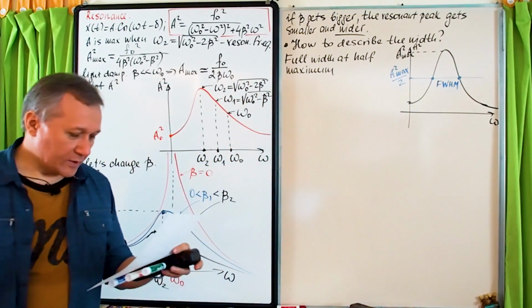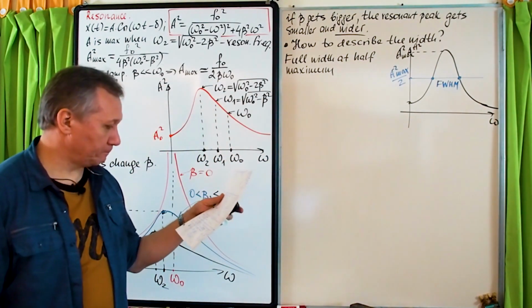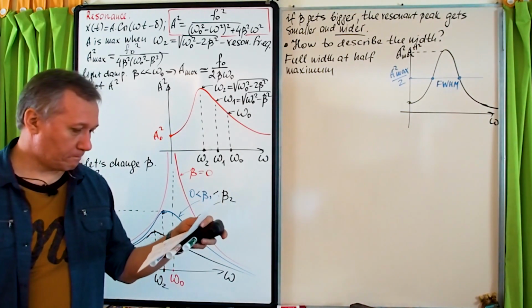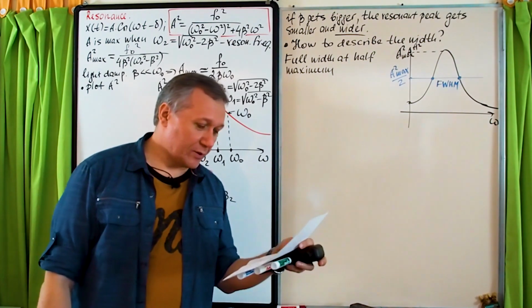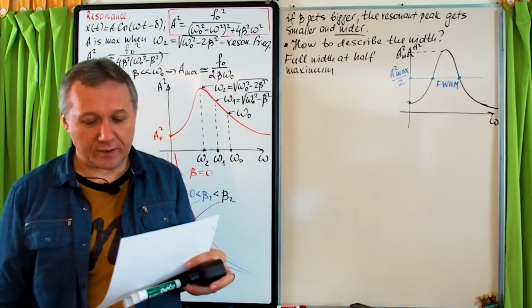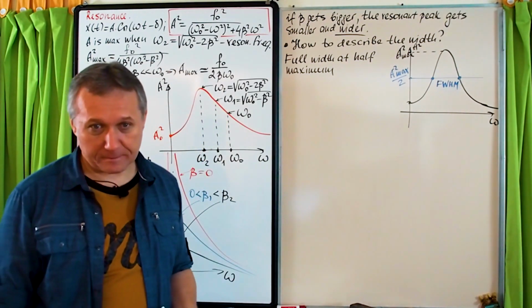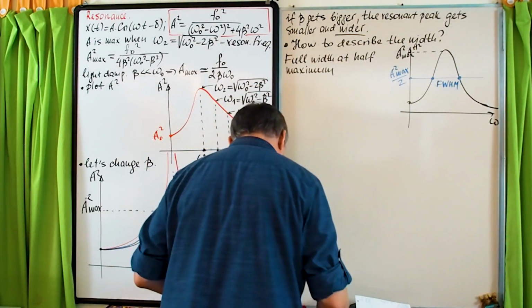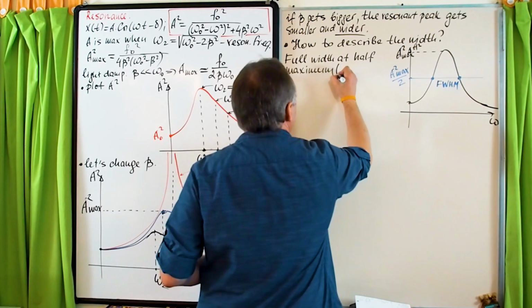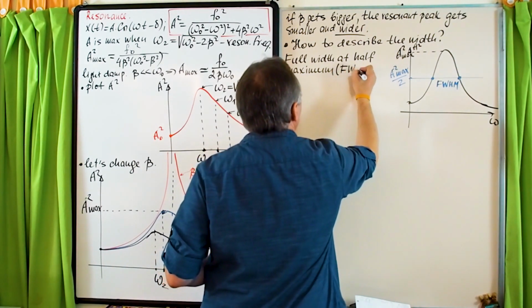In my notes, it's the interval between the 2 points where A squared is equal to half its maximum height. An abbreviation, FWHM.